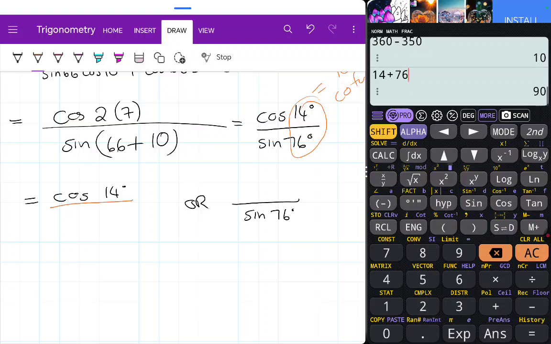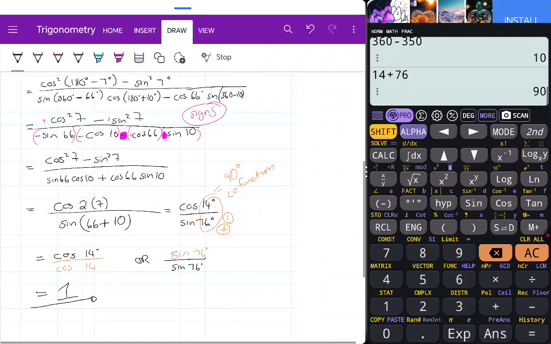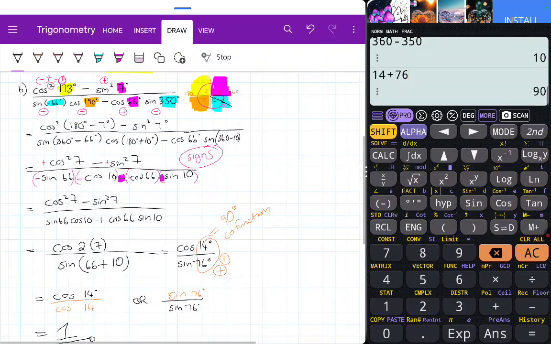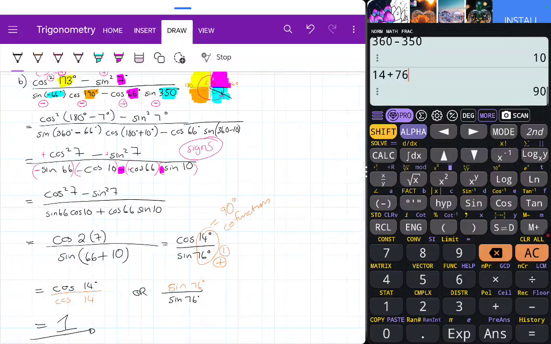If we're going to keep cos, then we change sine to 14, so it ends up being sine of 14 degrees. Remember, both of these are acute, they're both in quadrant number 1, so they are both positive. So cos 14 over cos 14, or sine 76 over sine 76. Both of them are correct, and that gives you an answer of 1. This entire thing is equal to 1. Really hope that made sense.